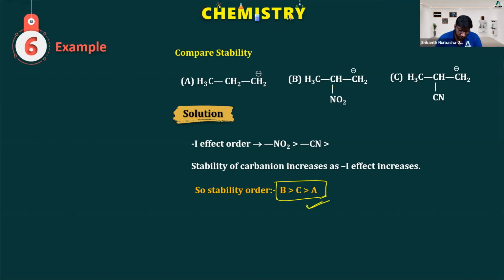Right, students? After that, let us proceed with the next concept: acidic strength. How can we understand acidic strength? What are acids? Acids are substances which can donate H plus ions. So an acid donates the H plus ion, and along with that we have a conjugate base.